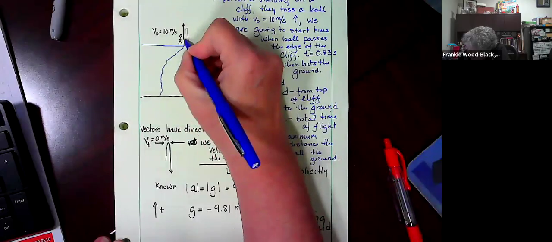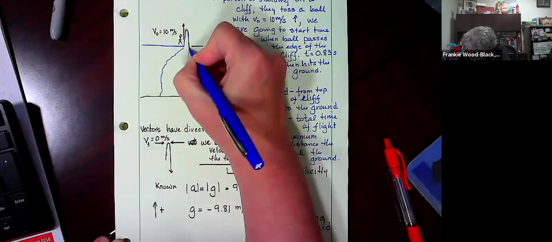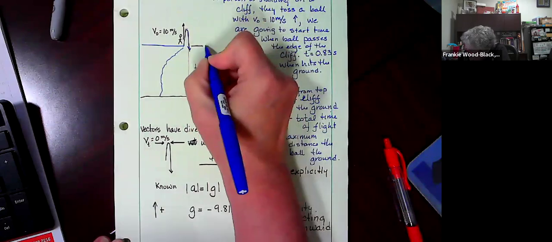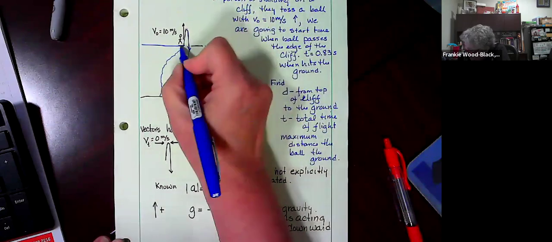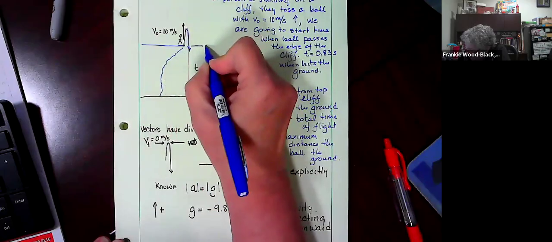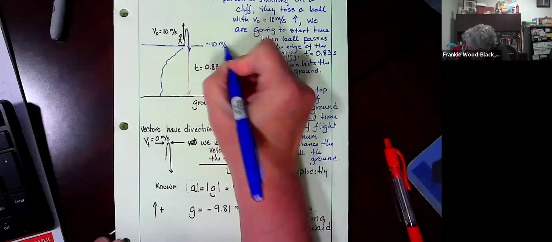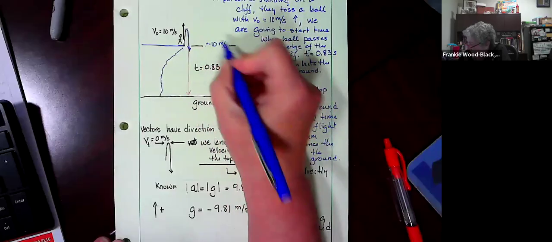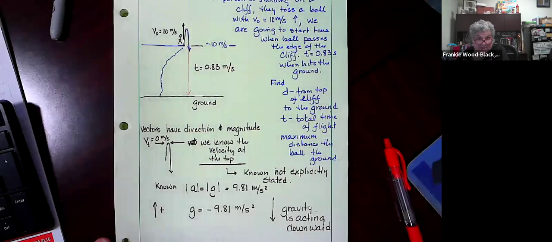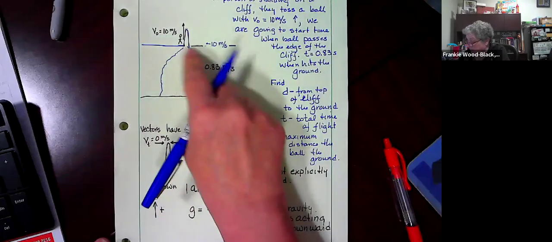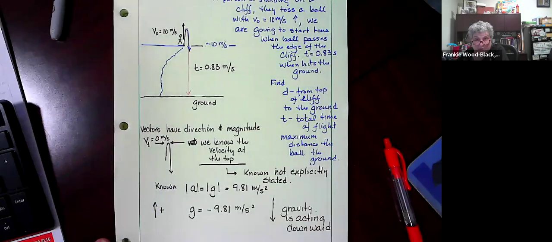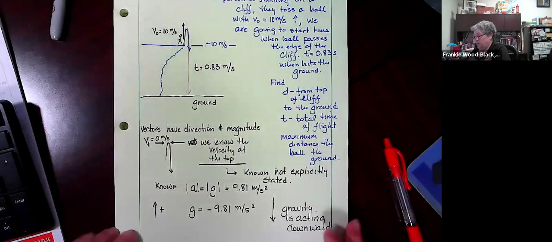As this goes up and comes back down, if we assume that this velocity is from the edge here, we know that at this point it's going to be traveling at a negative 10 meters per second as it passes the edge. That is helpful for us.